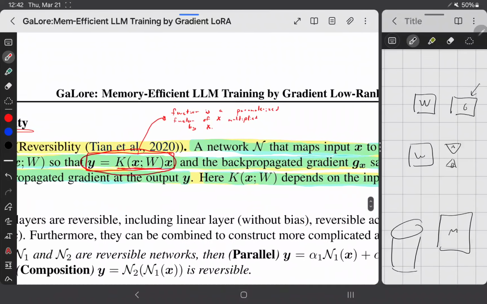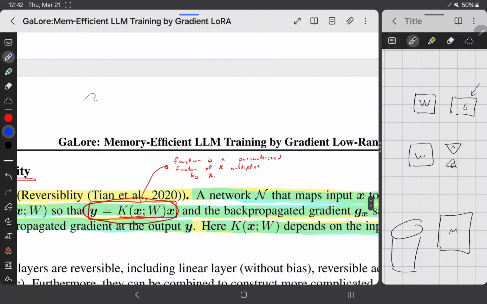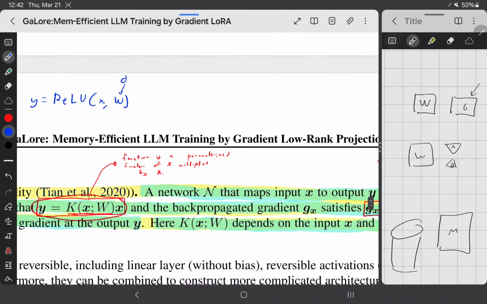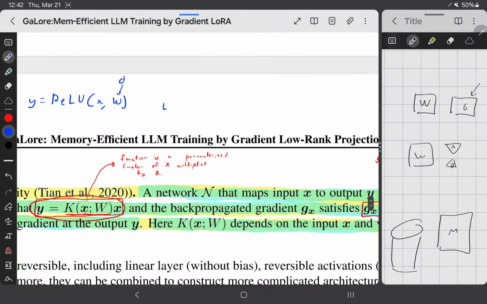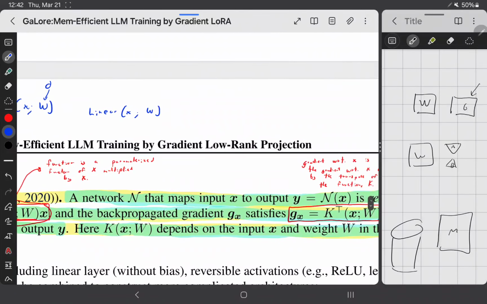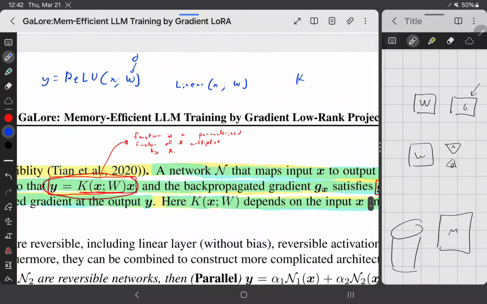This assumption isn't as strong because you have to have your function represented as some, so this is going to be like your ReLU function. In this case, it would be like y is equal to ReLU of x, and I guess w, where this is just 0 or something like that. You can also think of this as your linear layer, which would take an x and w. So there needs to be some function K which satisfies these two properties.